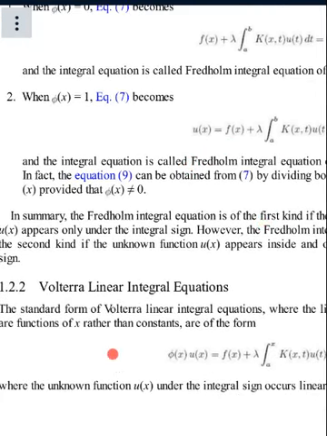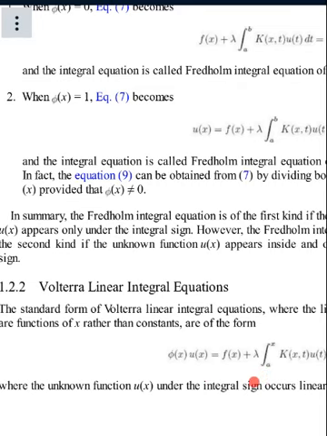Okay, let's go to the next class of integral equations, which we call Volterra linear integral equations. As you saw, in Fredholm integral equations, the bounds of integration are fixed numbers. But here, we have a variable upper or lower bound.